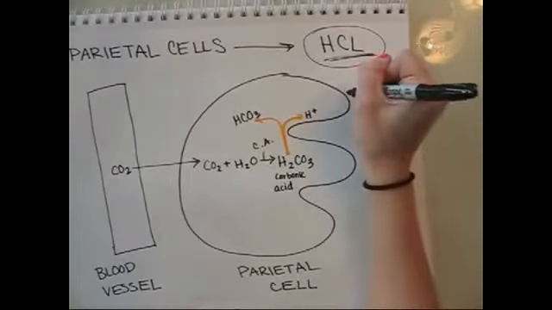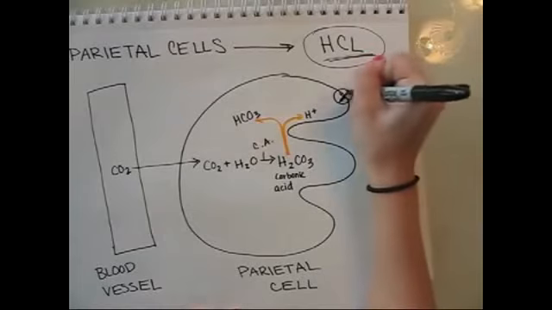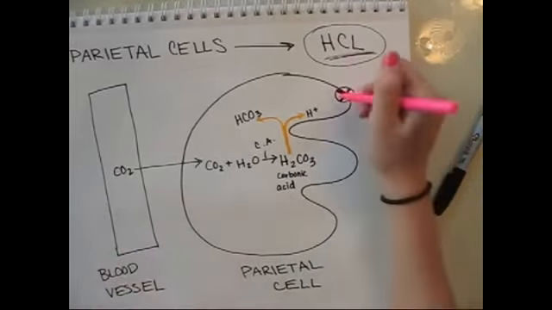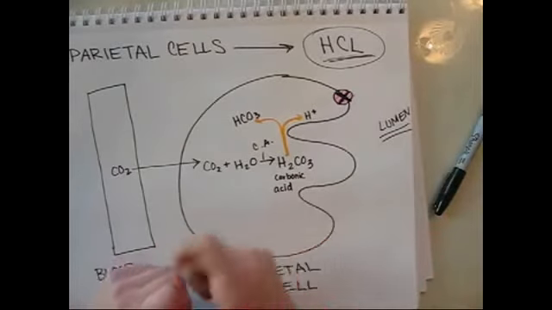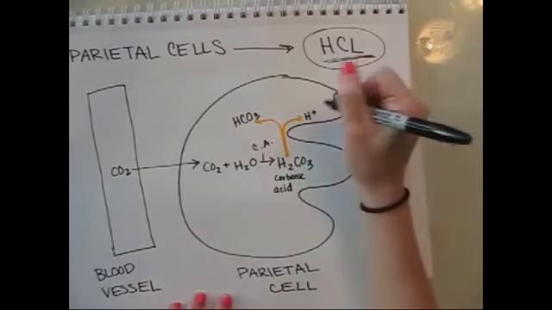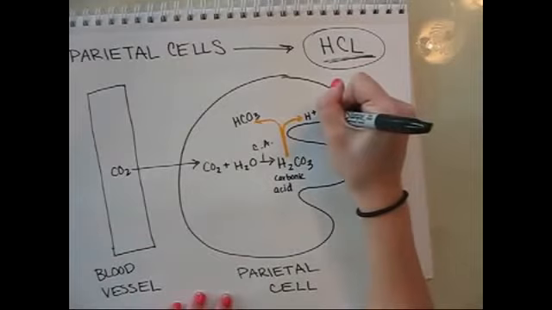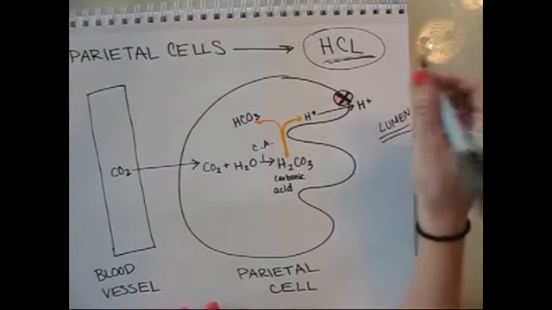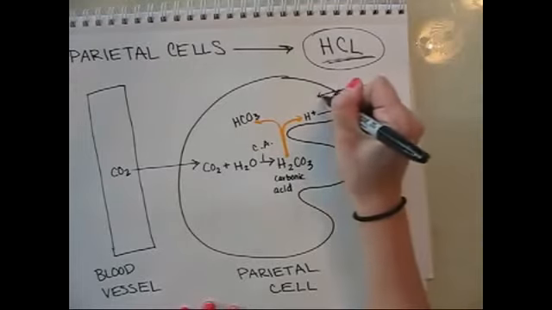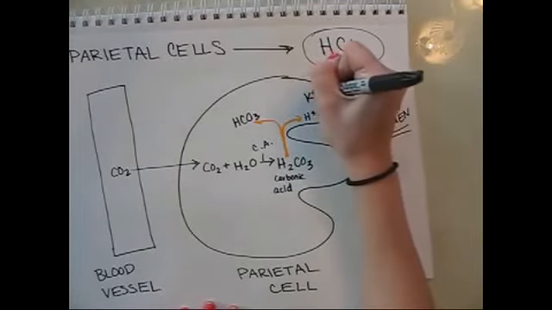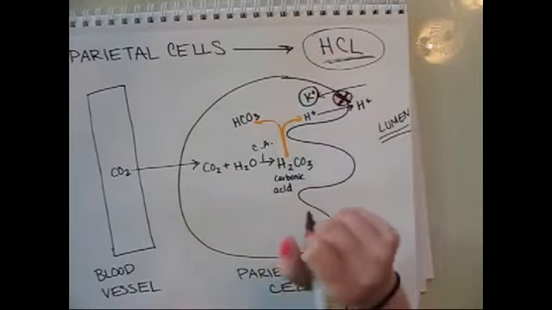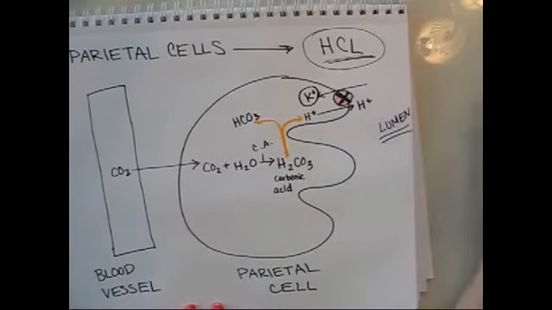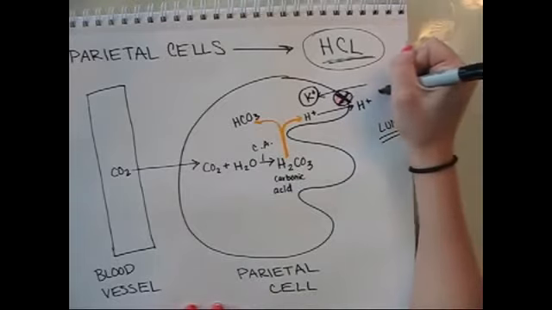In order to do that, it's going to use a pump, okay? And let's put that in pink so you guys can see it. So basically, the hydrogen is going to go here, get pumped into the lumen of the stomach in exchange for potassium. Okay, so in order for this pump to work, we're going to need ATP.